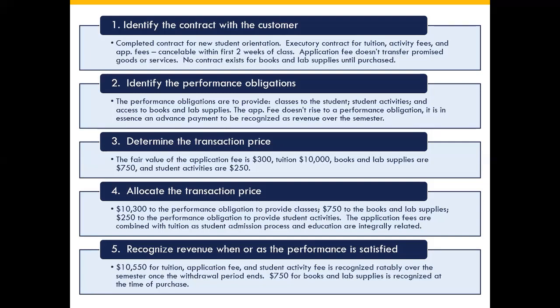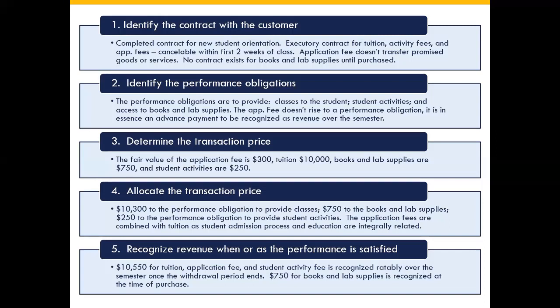So allocating the transaction price. As I mentioned before, that $300 application fee rolls into the tuition costs of providing classes. So that's the $10,300. $750 gets assigned to providing books and lab supplies, and then $250 to provide student activities.